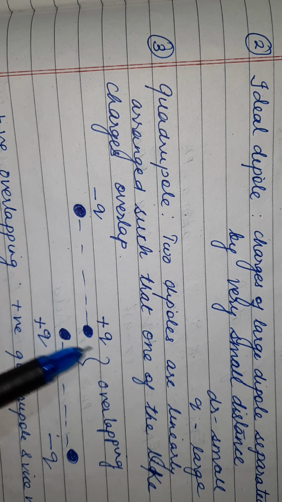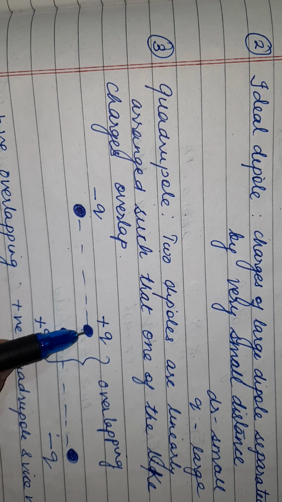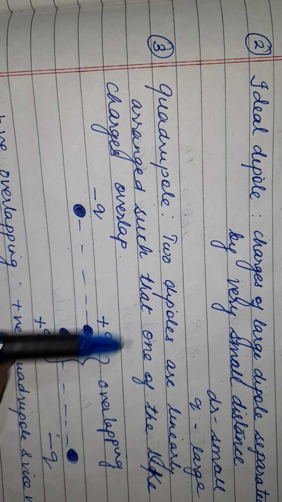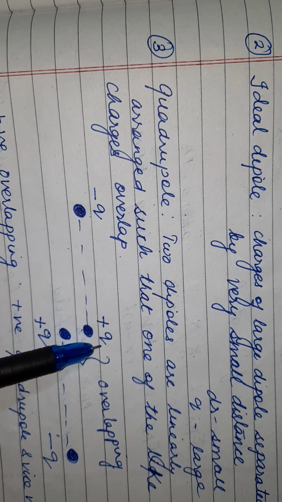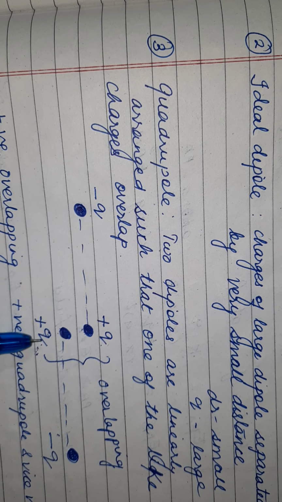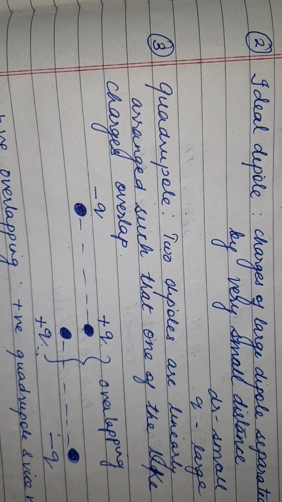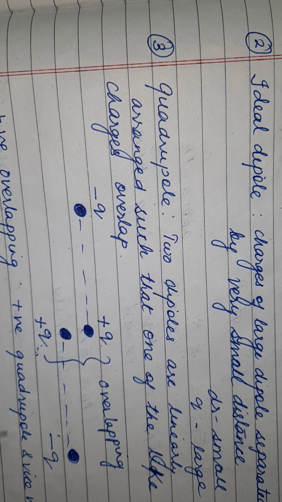They are linearly arranged, parallel to each other. But in this case, you can see this plus Q is overlapping with the plus Q of the other dipole. So this is called positive overlapping, or we can say a positive quadrupole. Similarly, we can also make a negative quadrupole.